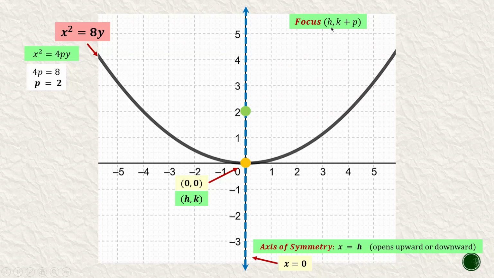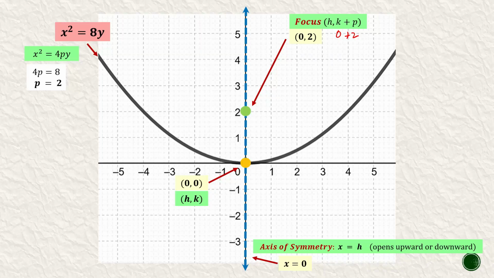So you have the h, which in this case is 0, k plus p. Our k here is 0, and our p is positive 2. So here we have 0 plus 2. So that means the y coordinate of the focus is equal to 2.